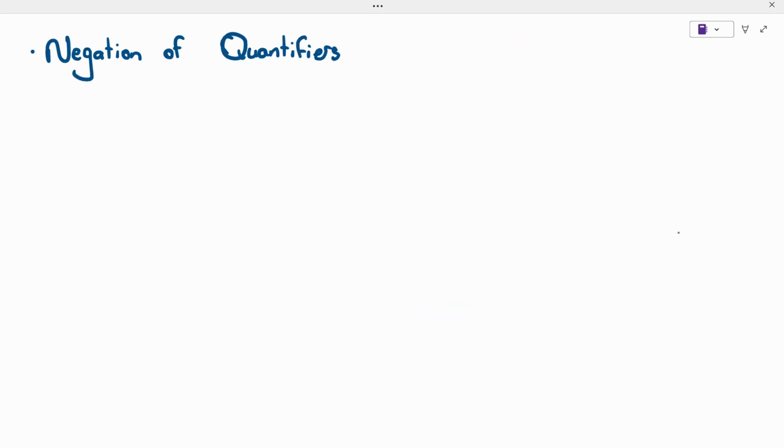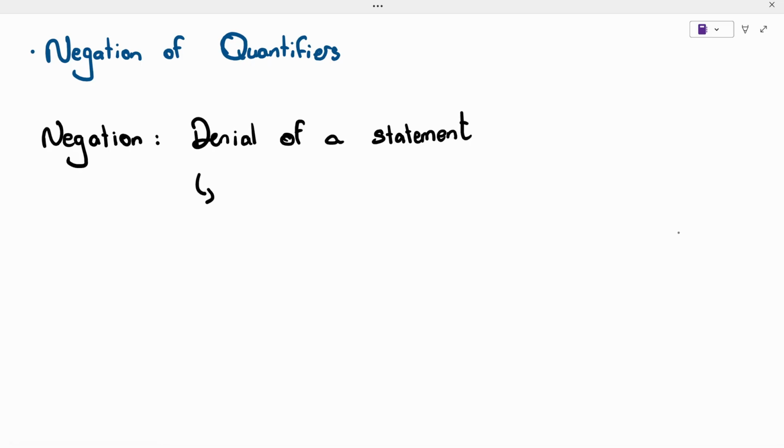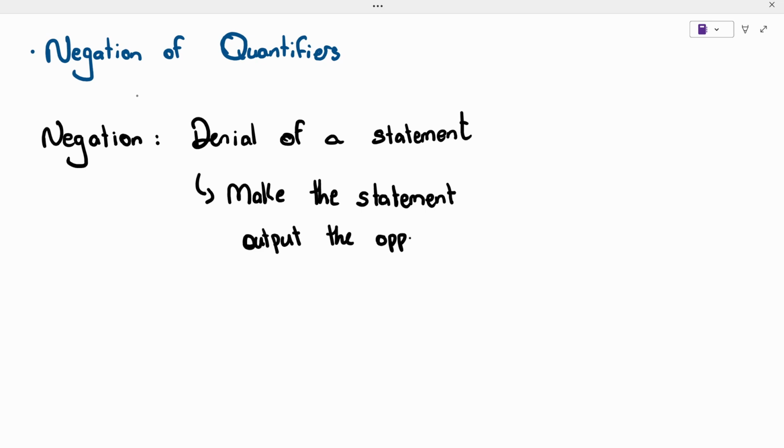So the last thing that I want to talk about is how to negate quantifiers. When we say the word negation of a statement, what we are talking about is denial of that statement. And that means we want the statement to return the opposite truth value.